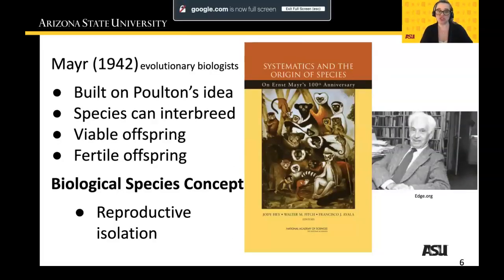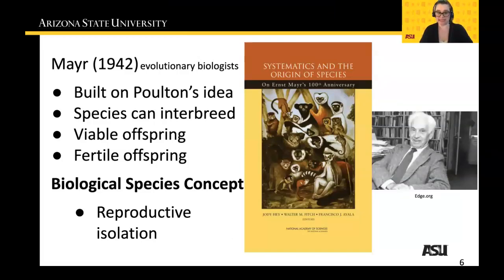In 1942, the evolutionary biologist Ernst Mayr built on Poulton's ideas, and he found that species can interbreed. But one thing that happens is they must be able to create viable and fertile offspring. Viability is the ability of an organism to survive to reproductive age.